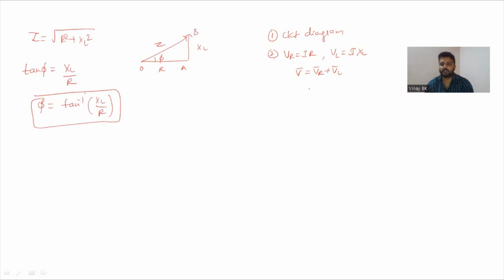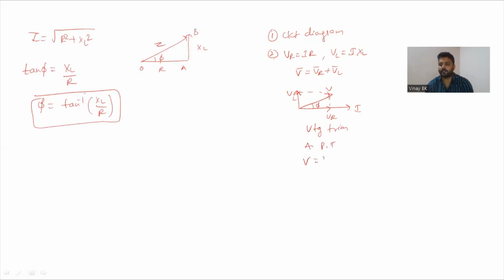After this, you draw the phasor diagram by taking current as the reference. VR is in phase with I and VL leads I at an angle of 90 degrees. By adding these two, you get the resultant voltage V at an angle of phi. After that, the voltage triangle, then applying the Pythagoras theorem.